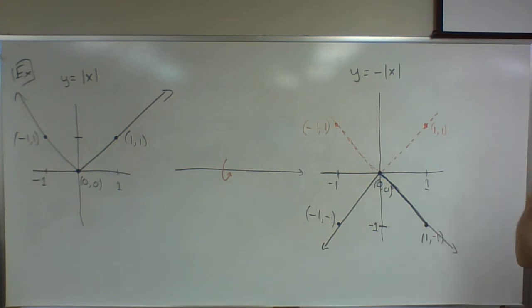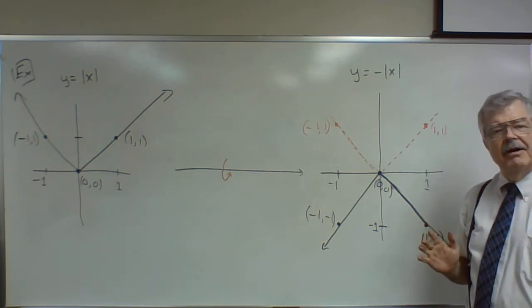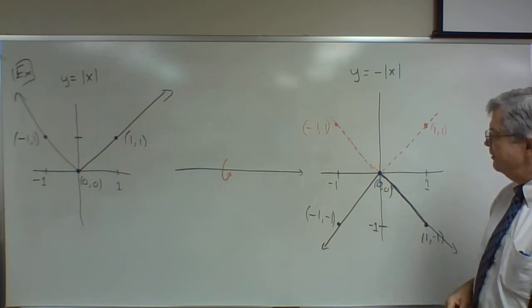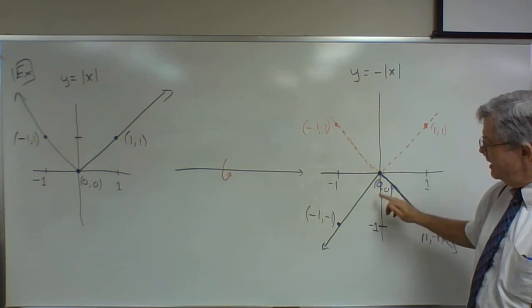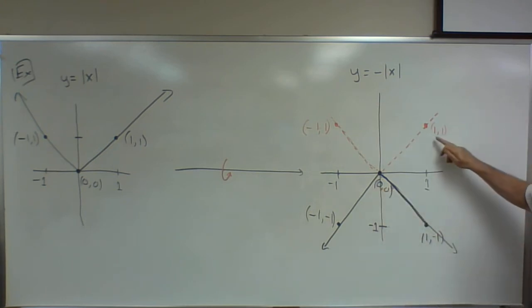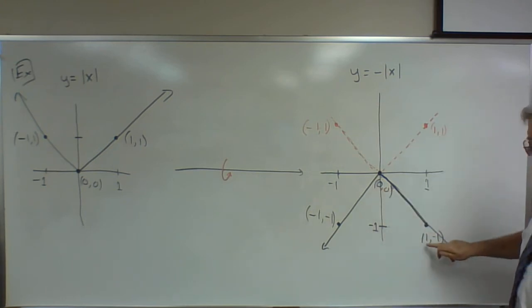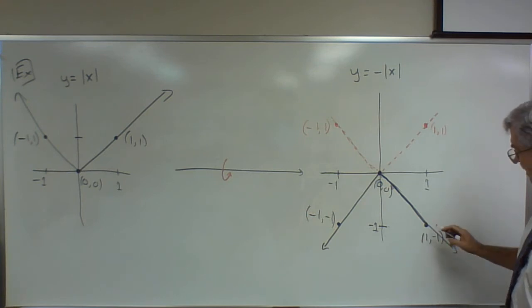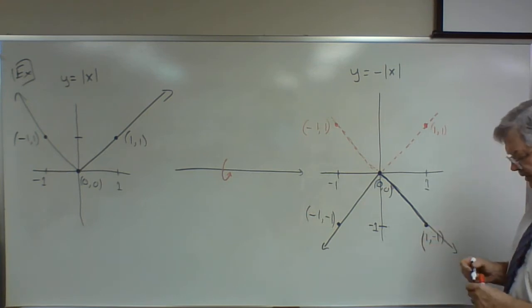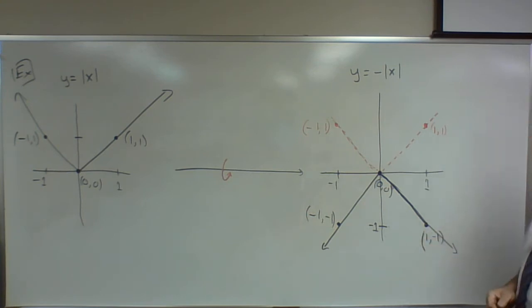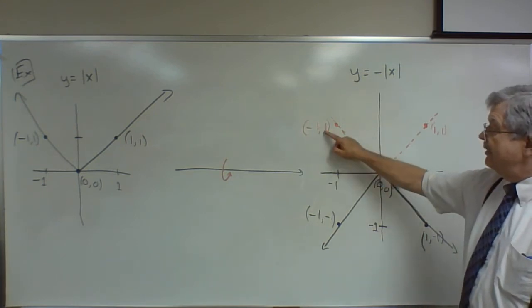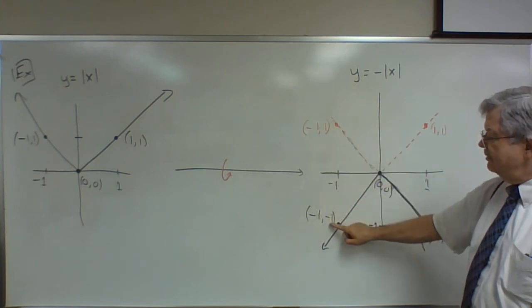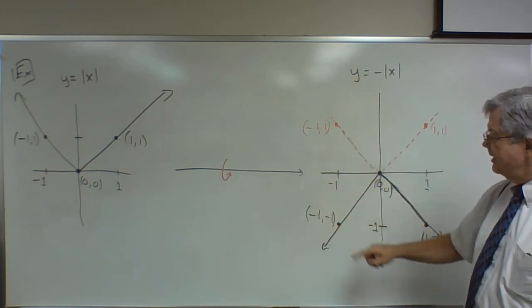And notice something, the x-coordinates of our key points don't change. X equals -1, x equals 0, x equals +1. The x-coordinates don't change. What happened to the y-coordinates? Well, this y-coordinate is multiplied by -1.